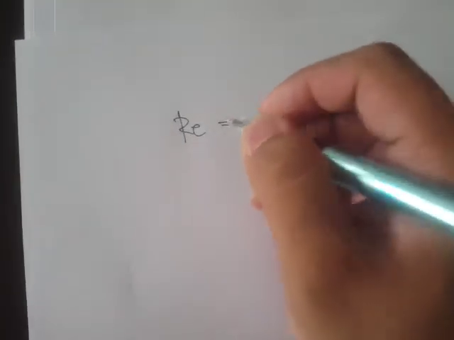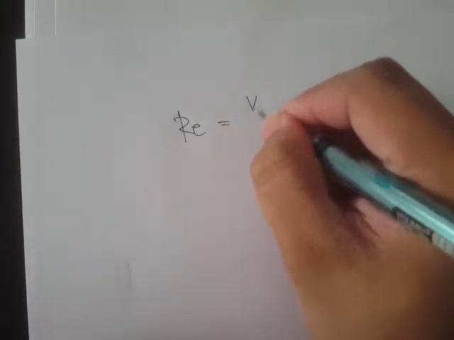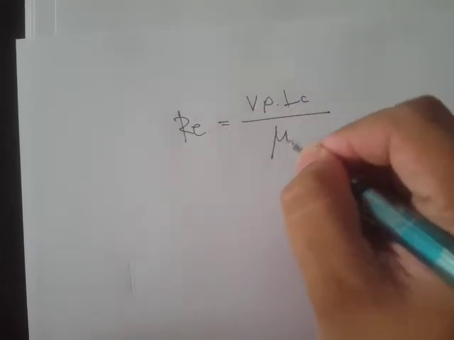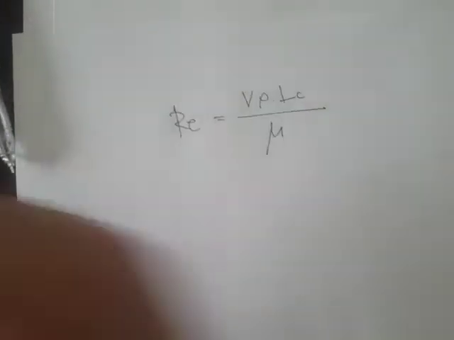How do we know the Reynolds number, or what is the mathematical expression of the Reynolds number? It is given as RE equals V rho times LC all over mu.